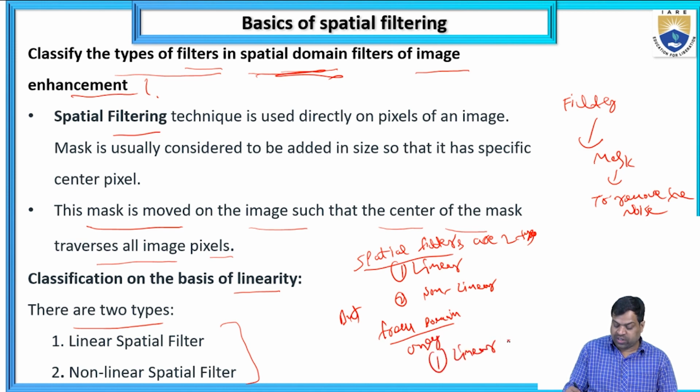There is no non-linear. So there is a linear frequency domain filter only. But in the spatial domain, we have two types, linear and non-linear. So these are the classifications: linear spatial filter, non-linear spatial filter.